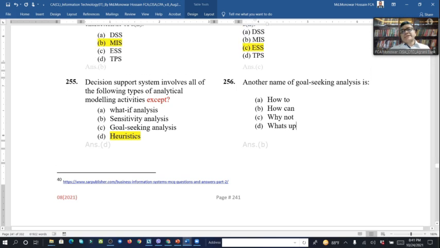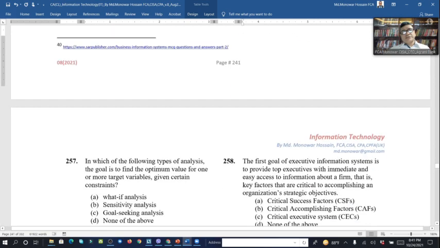Another name of goal-seeking analysis. Goal-seeking analysis, another name is how-can.